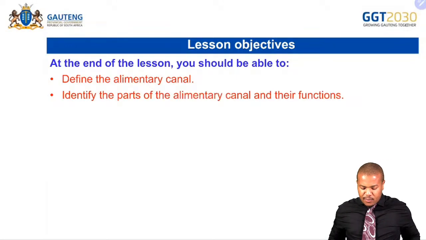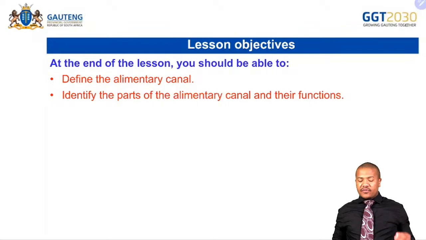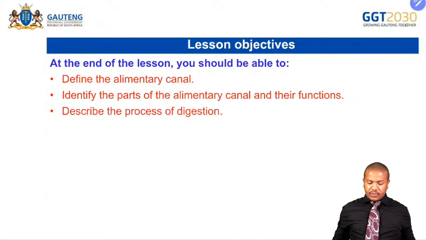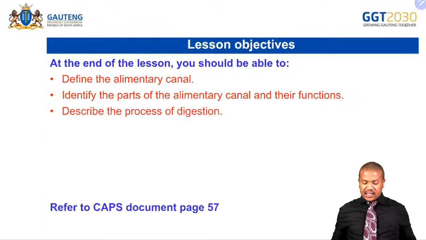Secondly, you need to be able to identify the parts of the alimentary canal and their functions. Not only that, you need to be able to describe the process of digestion. All this information is found under the CAPS document on page 57.